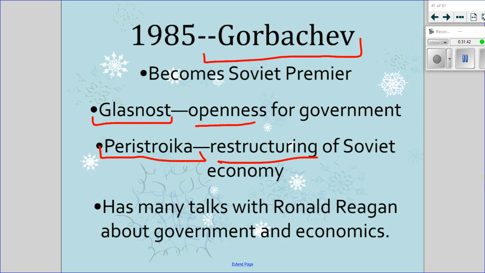You have a Soviet leader who is, for the first time, willing to let communism fail. You know, from Stalin, Khrushchev, Brezhnev, all the previous Soviet leaders had maintained communism through force. Gorbachev's going to let it fail, if that's what it comes down to.